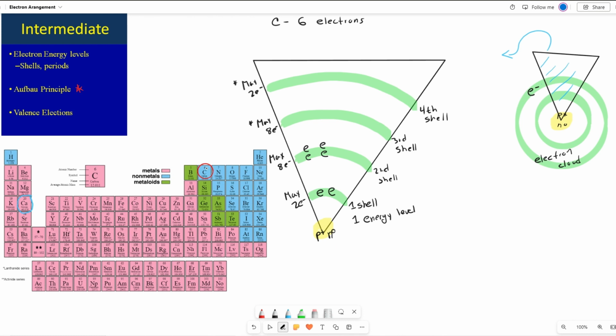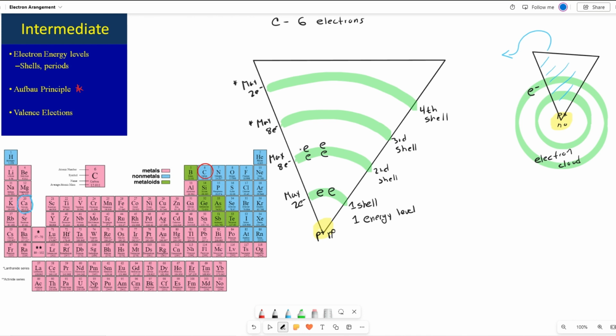But other than just telling how many electrons an atom has, it's also important to know how many of those electrons are in its highest energy level. Carbon's highest energy level is the second energy level, or the second shell, and carbon has 4 electrons in the second shell. We call the highest energy electrons that an atom has its valence electrons.